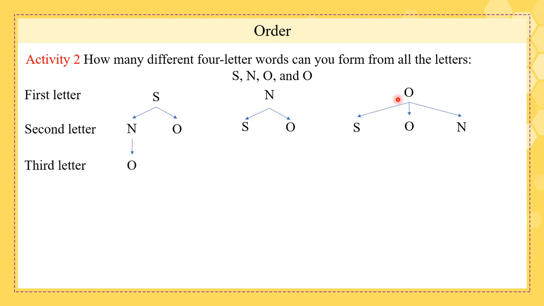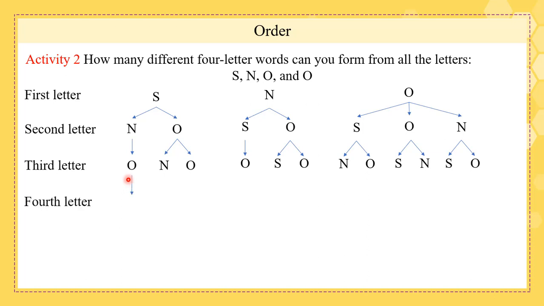While the third letter, this would be O. Here we're going to have N or O. Here we will have O. Here we will have S or O, and so on. And for the fourth letter, if the first is S, the second is N, the third is O, so the fourth would be O, and here it would be also O, and here we will have an N, O, O, S, and so on.